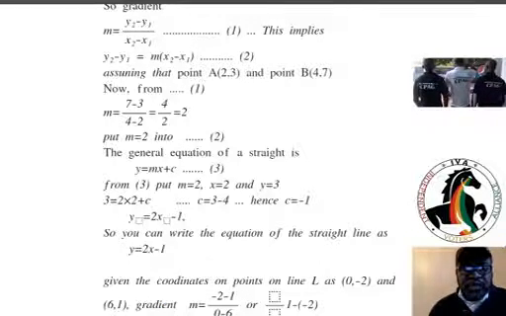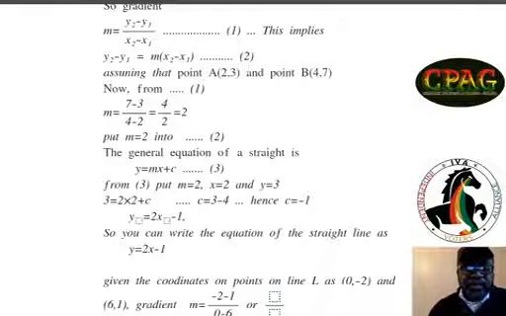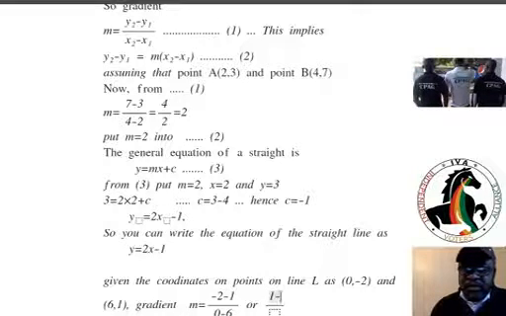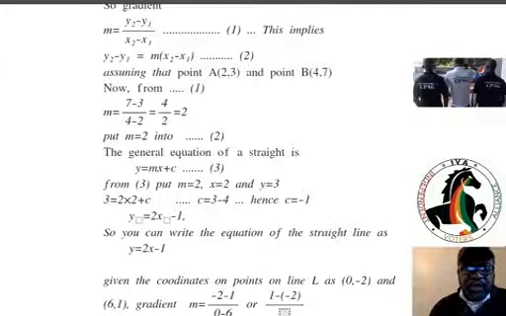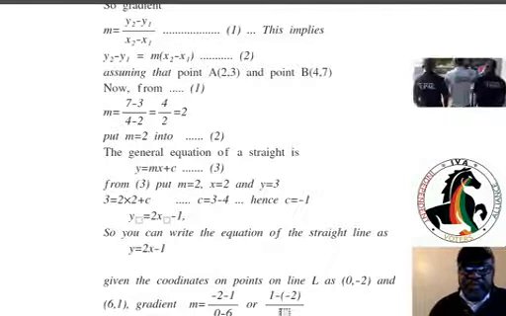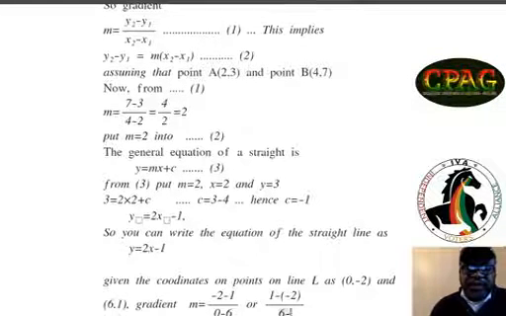Oh, look at what I've done. I need to put this value inside it: 1 minus 2. Then the down one is 6 minus 0, right?